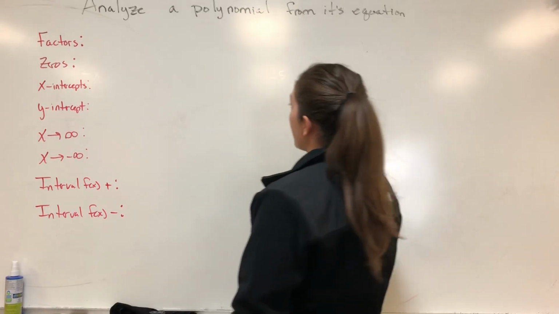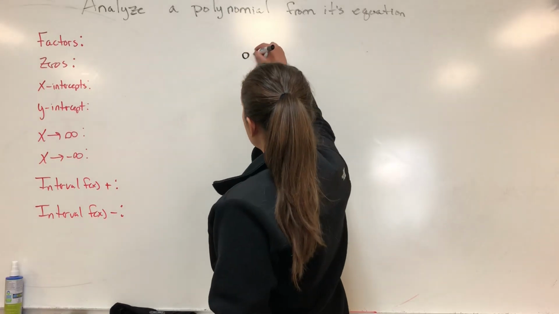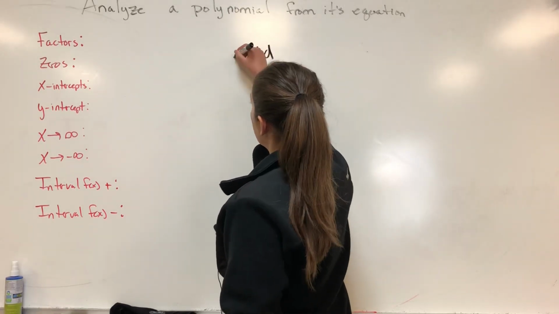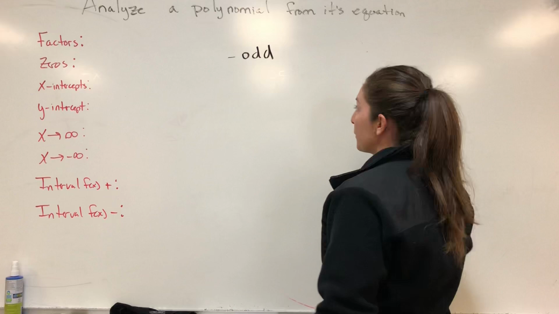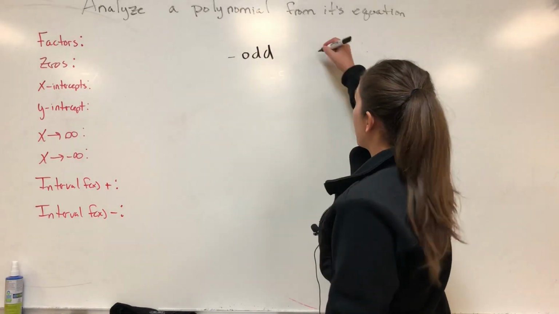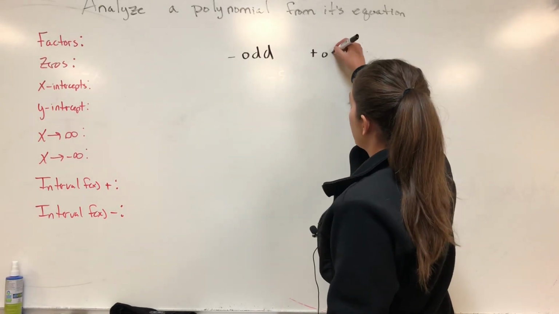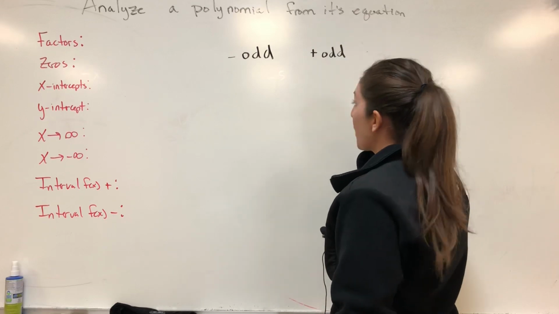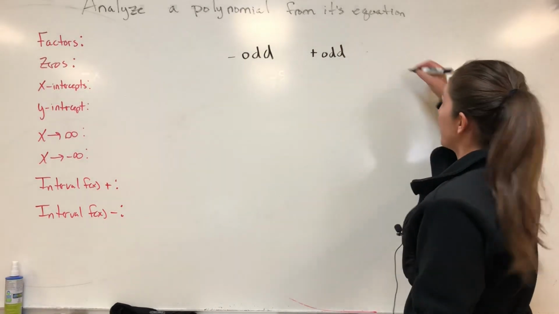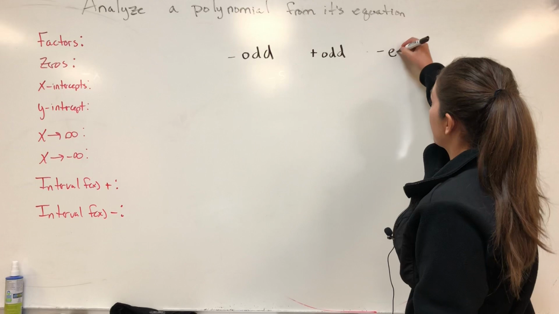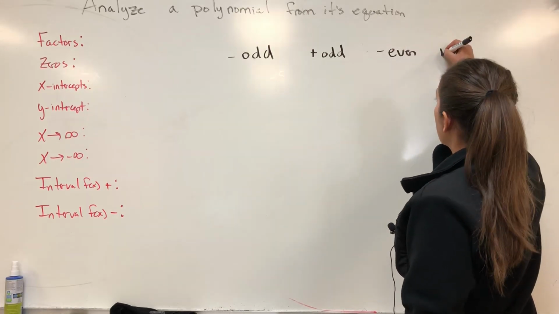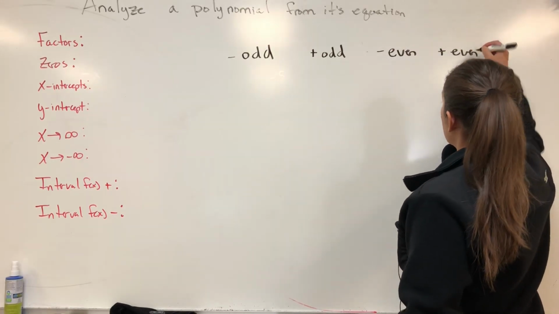We can have the leading power be odd and the leading coefficient be negative, or we can have the leading coefficient be positive and the leading power odd, or we could have the leading coefficient be negative and the leading power be even, or a positive even.